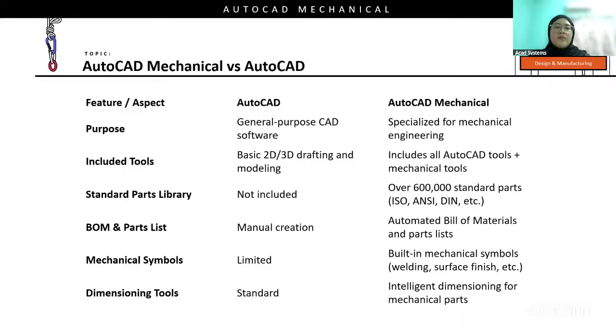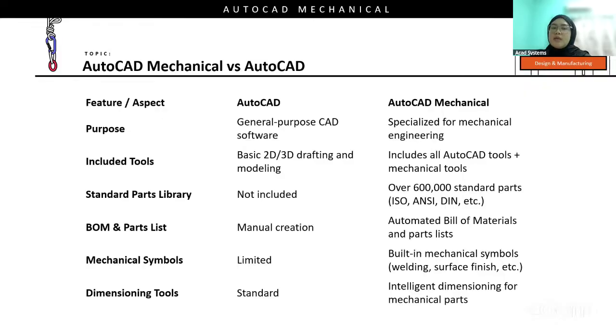Next, for BOM, which is Bill of Material and Part List, in conventional AutoCAD we use manual creation, we create it one by one. But in AutoCAD Mechanical, we use the automated bill of material and part list. I will show you this BOM later. And then next we have the mechanical symbols.